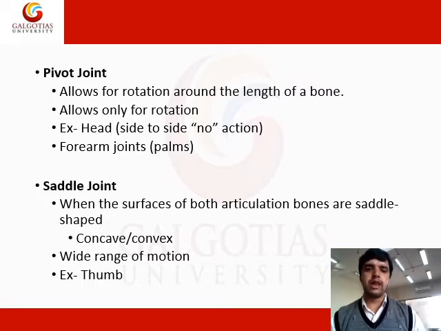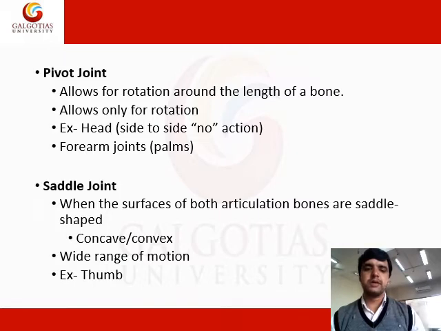So it will allow only for the rotation of the bones over that joint. For example, the joint present in the head, in which we can rotate the head side by side or forward or backward, as well as rotation. The vertebral column is still and the skull is situated over that, so the rotatory motion of that particular structure is possible.